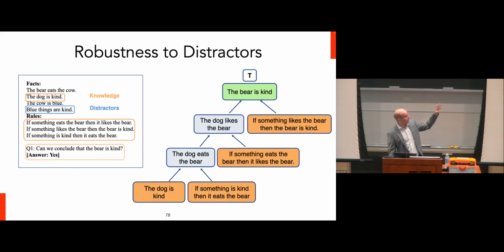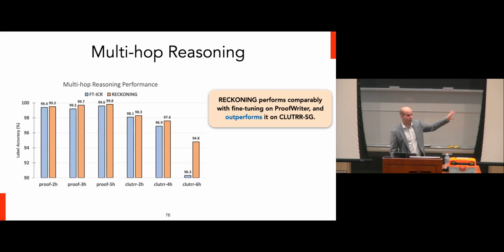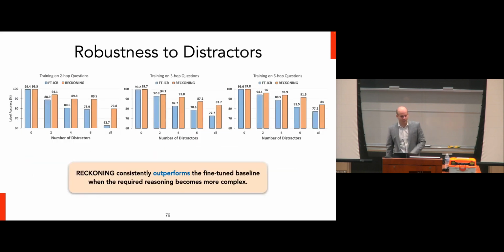Importantly, as I mentioned, in some of these data sets, a lot of the facts aren't actually relevant to being able to answer a question. So these previous results were when all of the facts are relevant without any distractors. If we add distractors, these gaps become even more substantial. So all of a sudden, we're seeing fairly large gaps between the performance of the in-context reasoning baseline, which receives all of this information as part of the context, and our RECKONING method, which encodes it into the parameters.